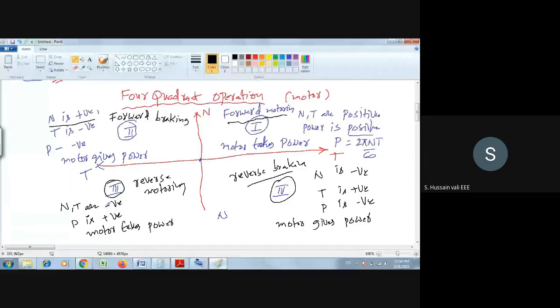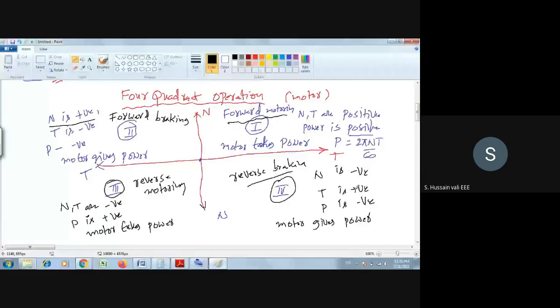When both are negative, the product is positive, so the motor is taking power. Coming to the fourth quadrant, the x-axis is positive, that is, torque is positive, and the y-axis is negative, so speed is negative. You multiply positive and negative, and you get power as negative. So in that case, the motor is giving back power.